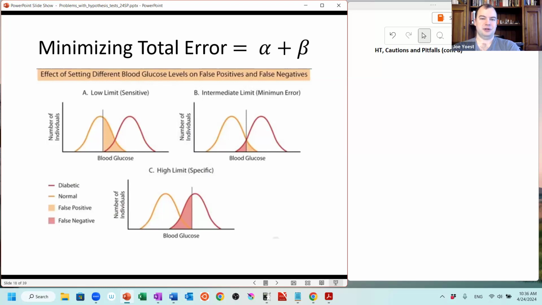If we want to minimize the total error, and there's a typo in this picture. This isn't my picture. I got this from somebody else, but there's a typo, minimum error. But the total error represented by the sum of these two areas is minimized when we choose our cutoff at the intersection of the two curves.